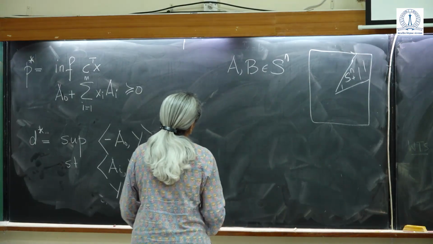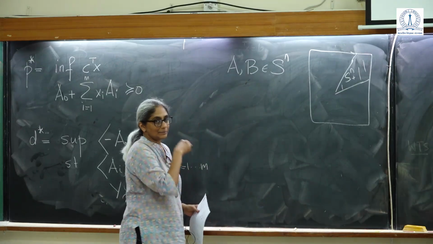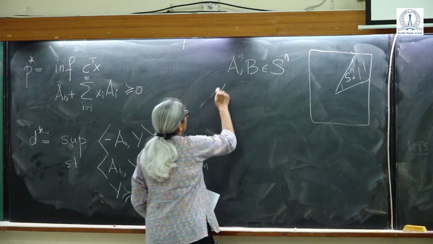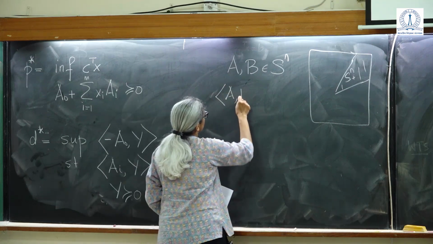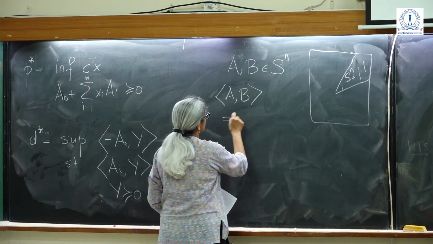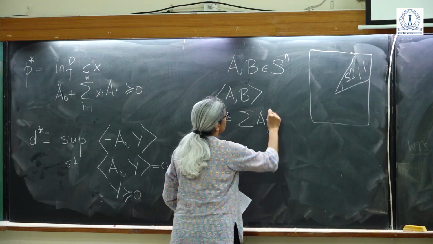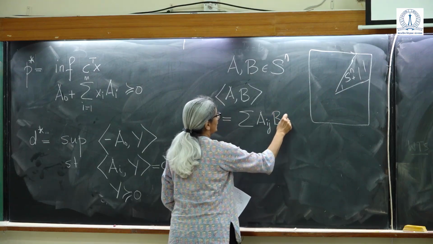Because it's a vector space, it has an inner product; actually you can define many inner products. But the standard one is called the Frobenius product. By definition, it is the sum of A_ij B_ij over all i and j.